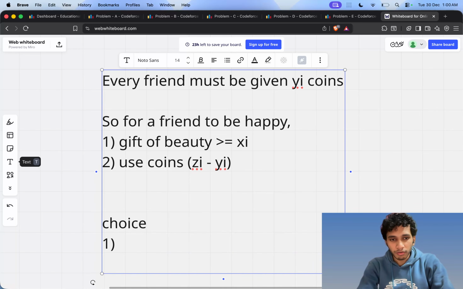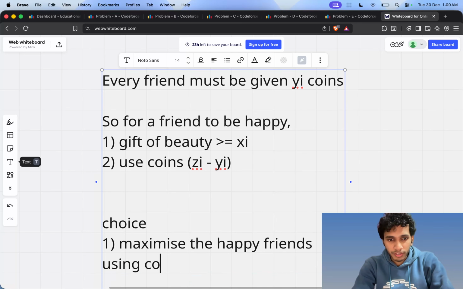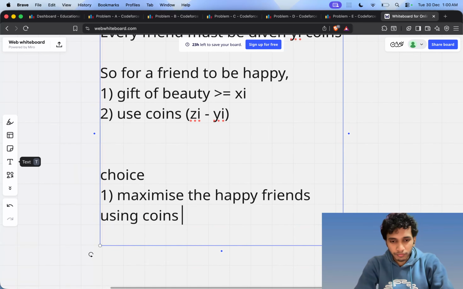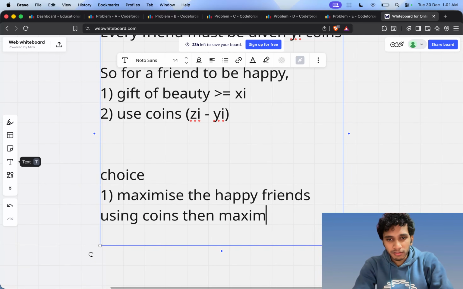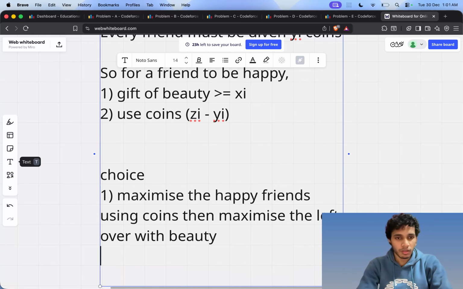One vague idea could be choice one: maximize the happy friends using coins, then maximize the leftover with beauty.